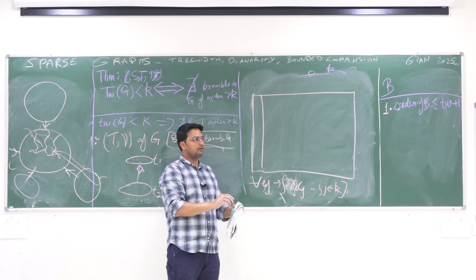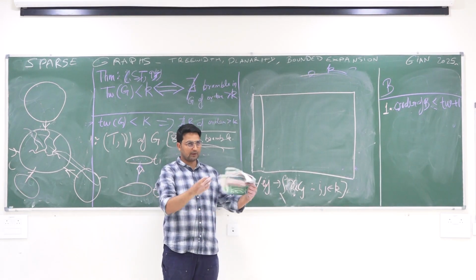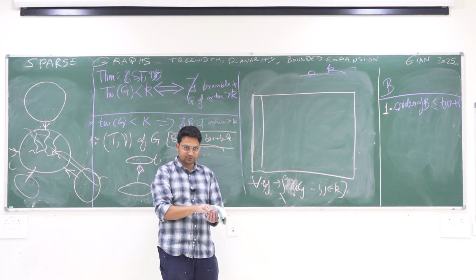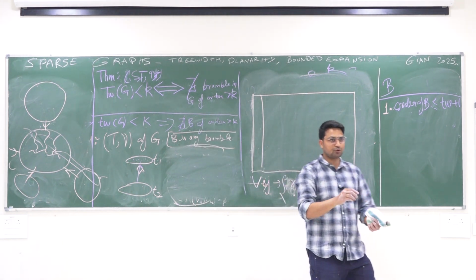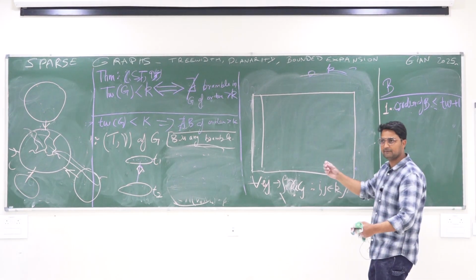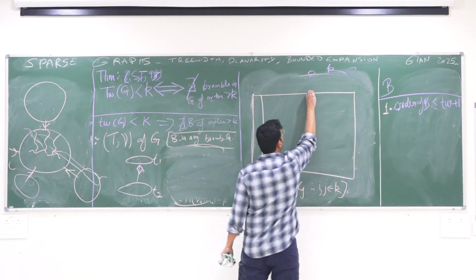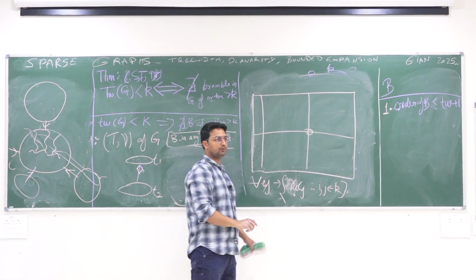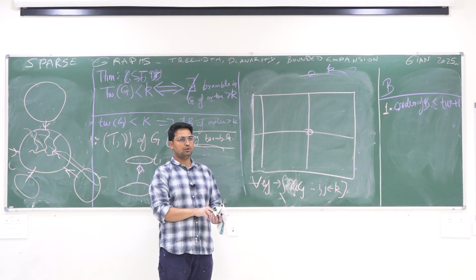You take k square components, and now it is not very difficult to see that if you don't take k vertices, then by pigeonhole principle, you will miss at least one row and one column, and since this was also your component, you will miss this component.